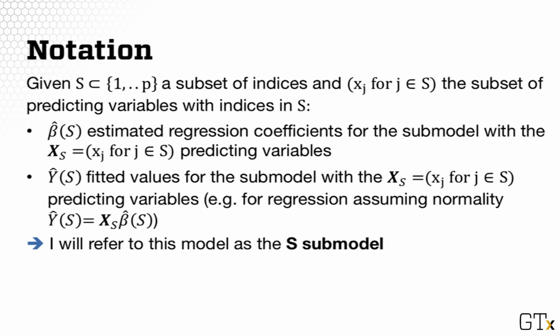We'll use the notation beta hat S to be the estimated regression coefficients based on the model fitted with the predicting variables with indices in S, with X_S being the design matrix. Similarly, y hat of S are the fitted values for the same model. I'll refer to this model as well as its output as the S submodel. Again, we can have 2 to the p such submodels.